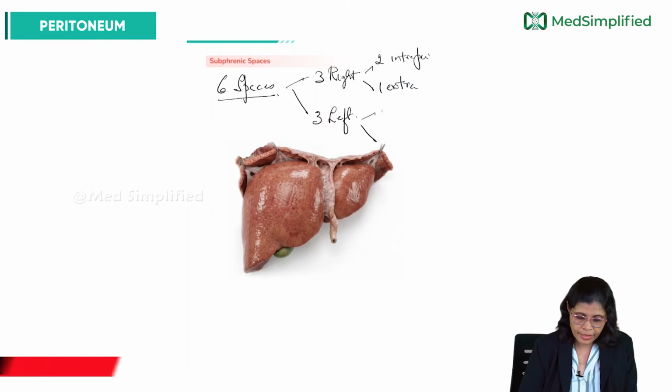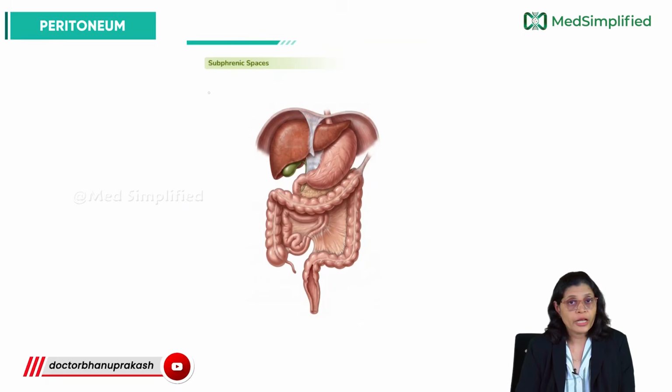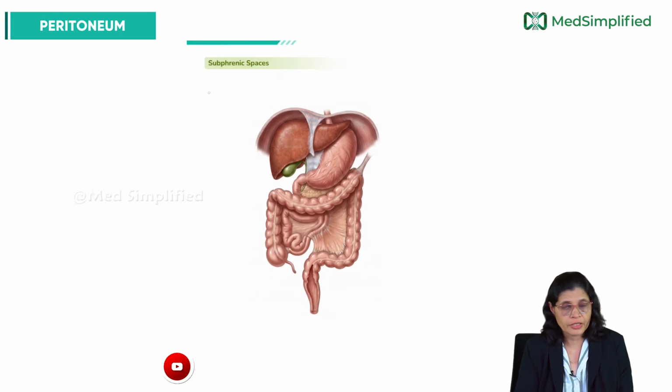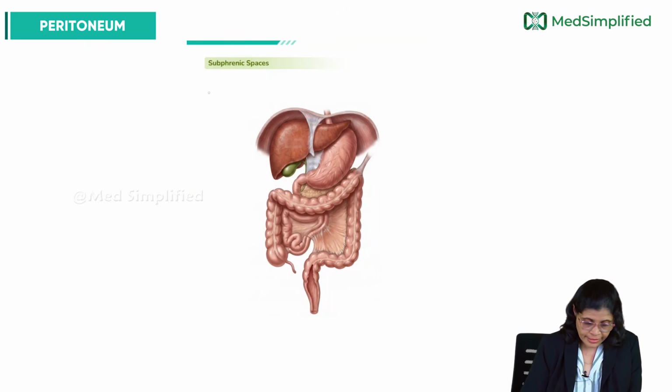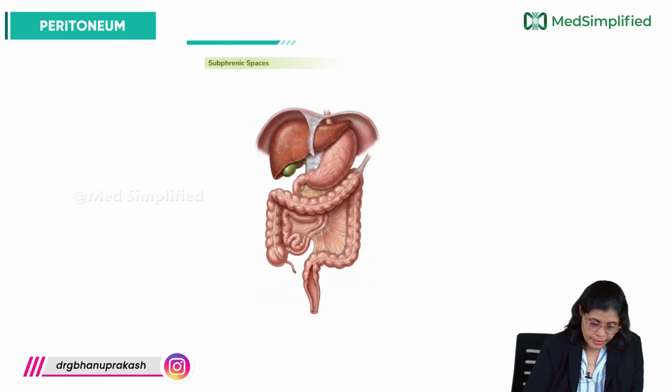Same thing on the left also, 2 intraperitoneal and 1 extraperitoneal. So now we will see which are those 6 subphrenic spaces on the right side and on the left side.